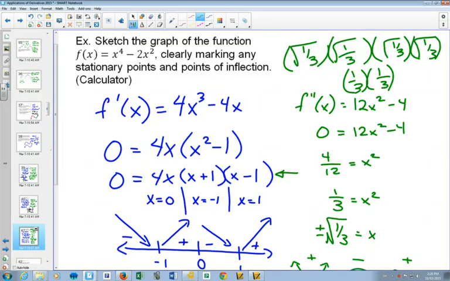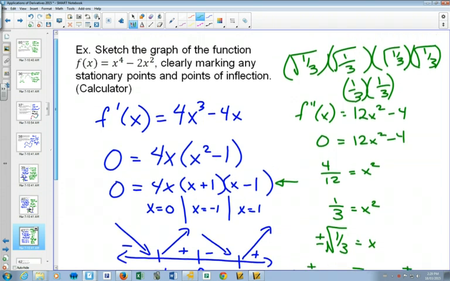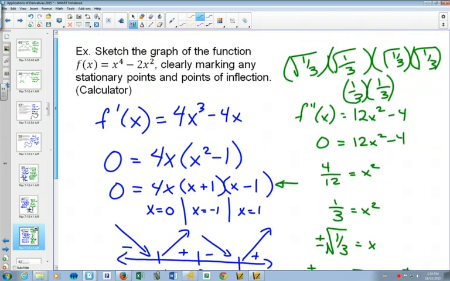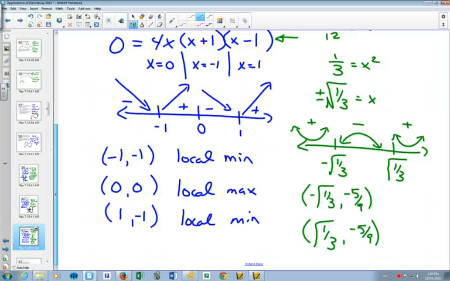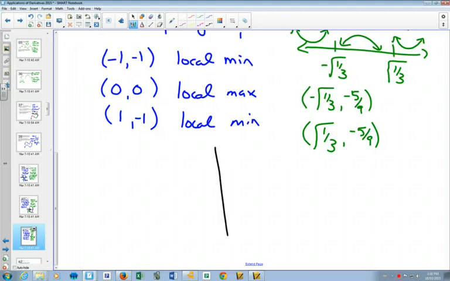And then here you'll get 1/3. So 1/9 minus 2/3. And then -5/9. Everybody else get -5/9? Awesome.